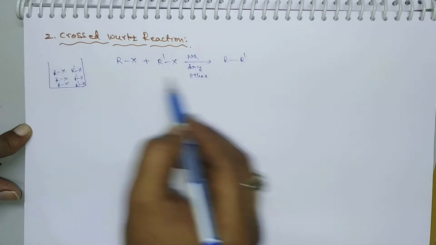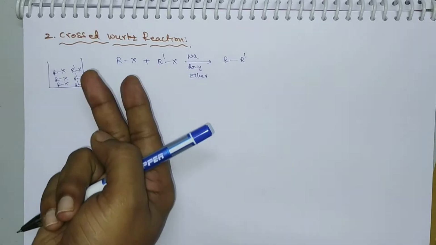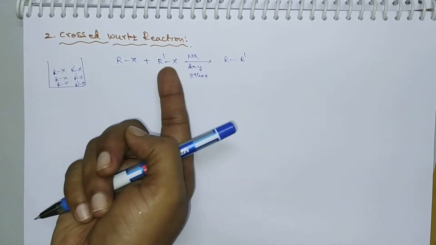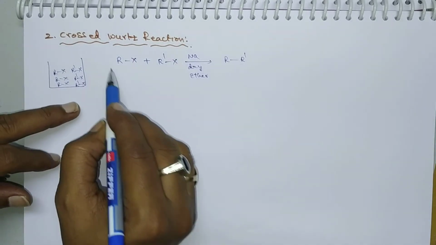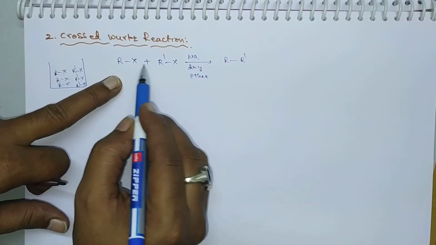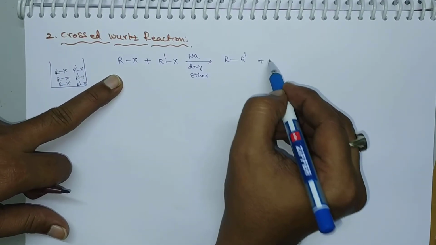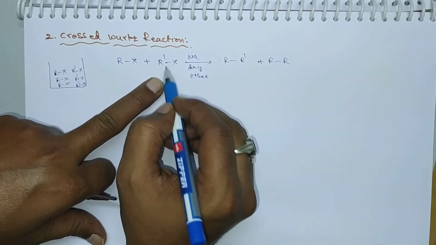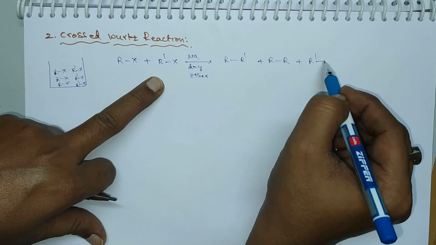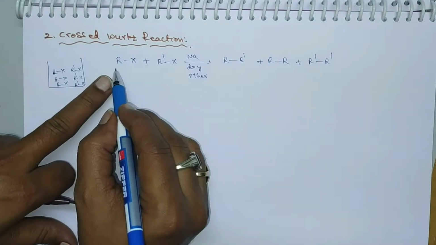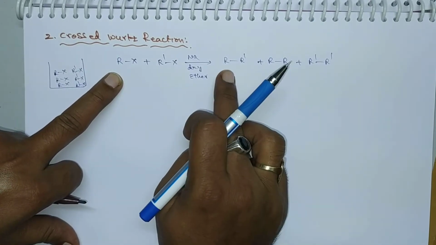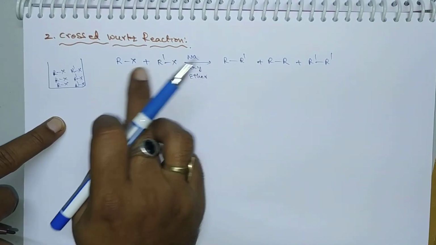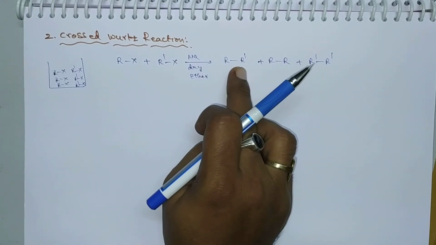Now under this reaction process, 2 similar alkyl halides may react, or 2 different alkyl halides may react. If similar alkyl halides RX react with each other, we get R-R. If 2 similar R'X react with each other, we get R'-R'. If this molecule reacts with this molecule, we get R-R'. So two different alkyl halides react with each other, then we get this product, R-R'.